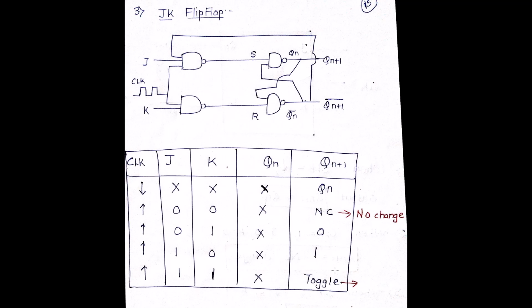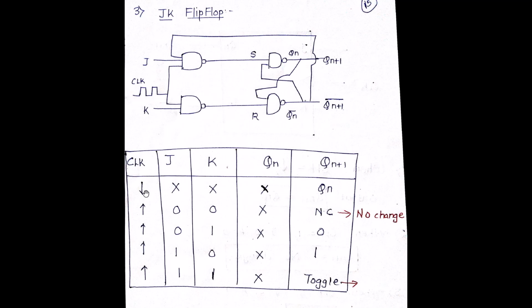What do you mean by toggle? It will keep on changing. So that is very important. What is very important is that the clock has to be high. If the clock is low, irrespective of whatever is there in the input, hence I put a cross mark, that is don't care.